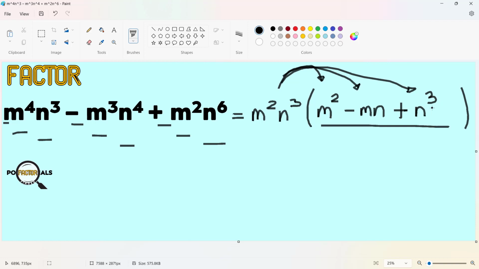You're going to look for factors of the numerical coefficient of the third term, which is 1, and the factors of 1 are 1 and 1, or -1 and -1. None of those pairs when added will result in -1. So this is not a factorable trinomial. In short, we go to the third scenario: take it as it is. This means that our factored form earlier, after taking out the greatest common factor, is already the answer, and this is how we factor this trinomial.